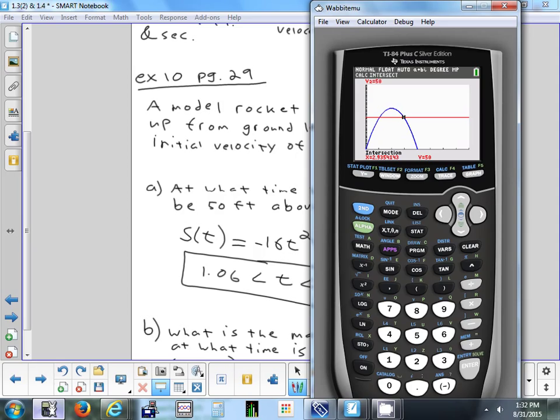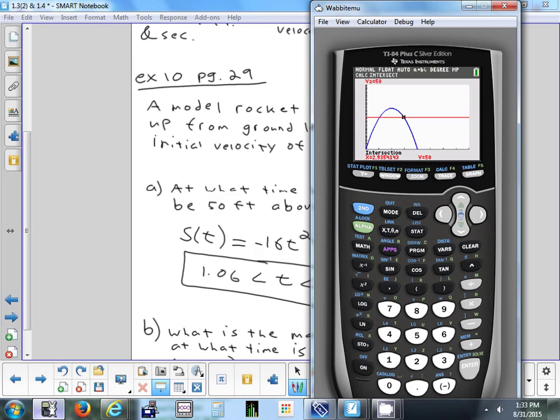What would be the domain for the time on this? What values would you be allowed to pick based on what you can see there? Well, what don't we want to happen to the rocket, or what's impossible? The rocket can't do this. Can't go underground.